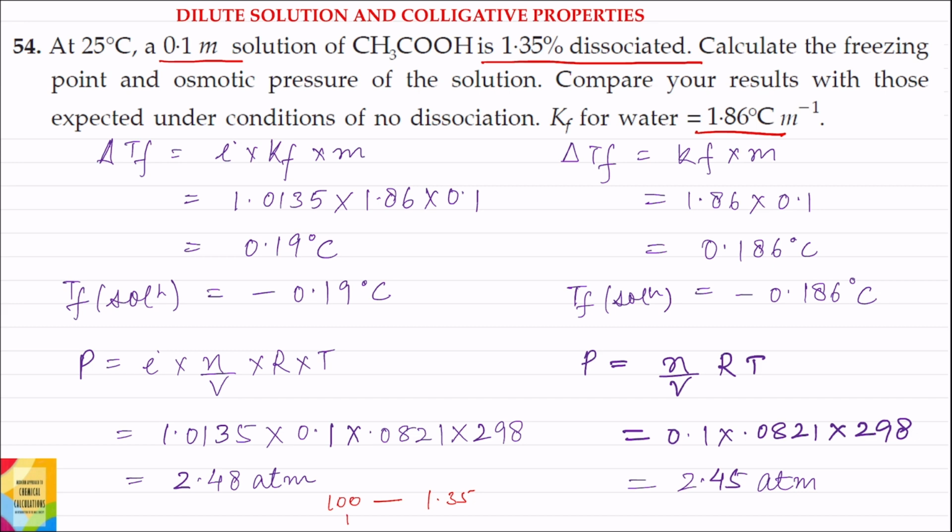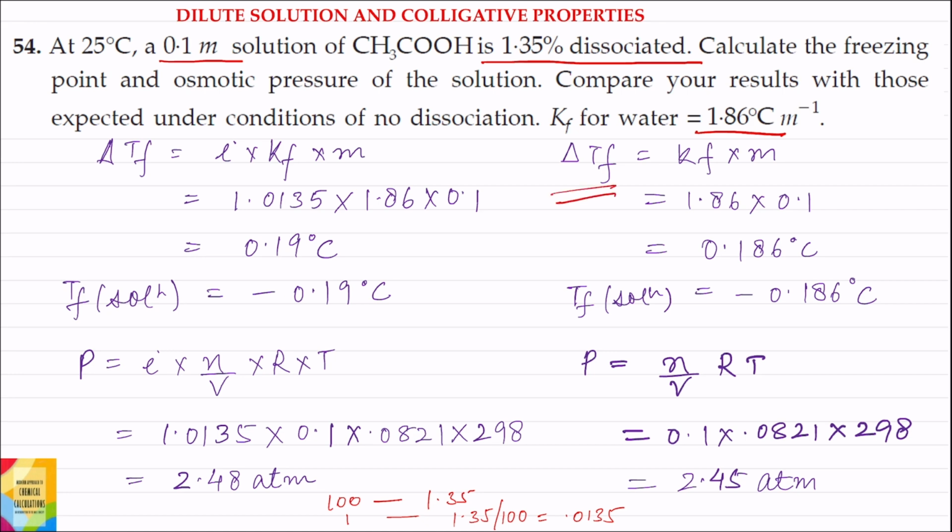So out of 1 mole of acetic acid, 1.35 divided by 100, that is 0.0135 moles of acetic acid will be dissociated. तो ये जो out of 1 mole जो भी dissociation होता है उसको बोलते हैं degree of dissociation. So degree of dissociation of acetic acid is 0.0135.